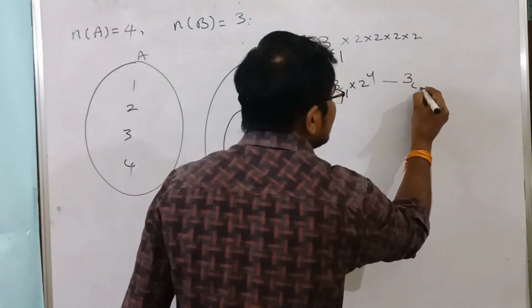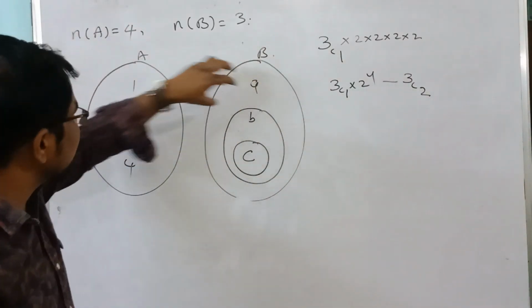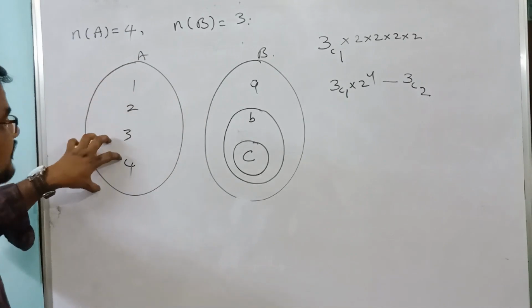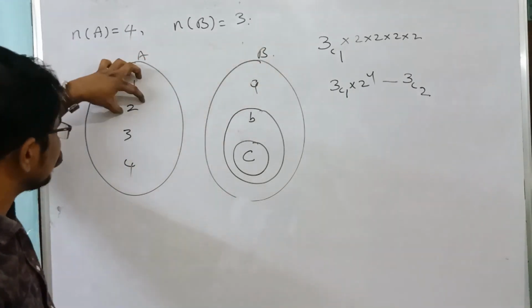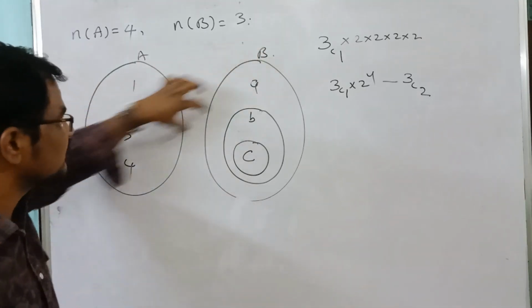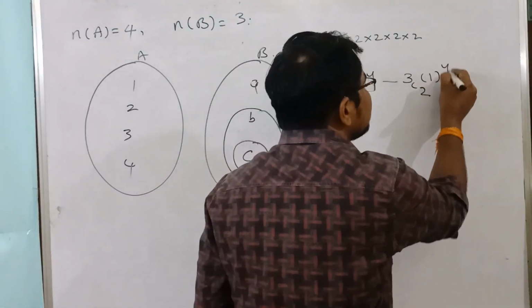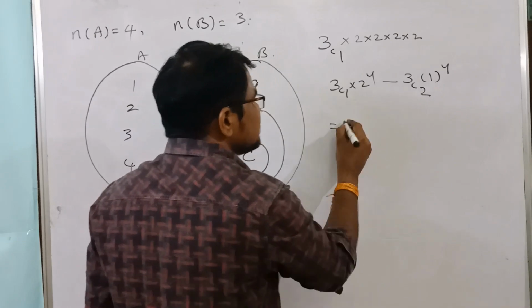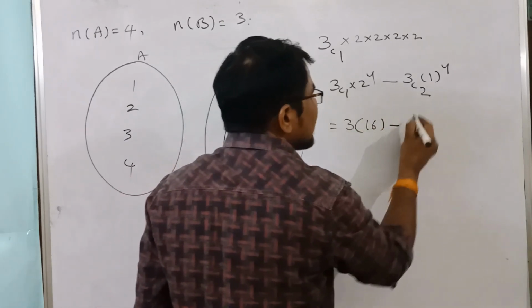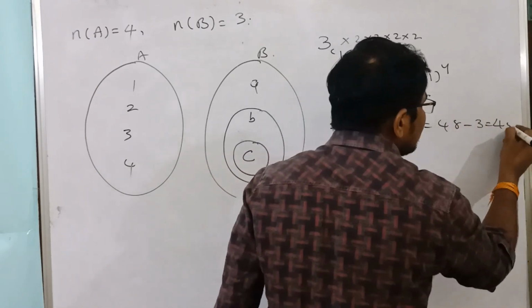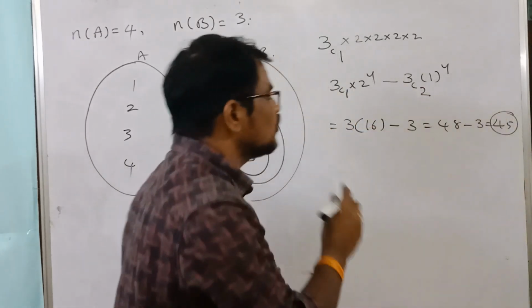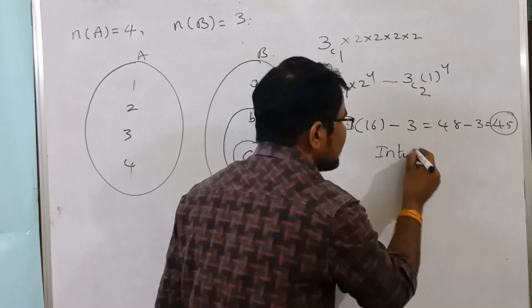Means 3C2. Now for the remaining elements in A, how to take images from B? For this one, 1 image chance is there. For this one, 1. For this one, 1. For this one, 1. Means 1 to the power of 4. That is equal to 3 into 16 minus 3C1, means 3. 48 minus 3. That is equal to what? 45 into functions are there.